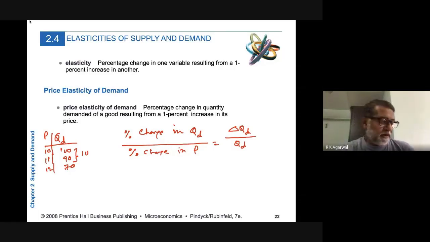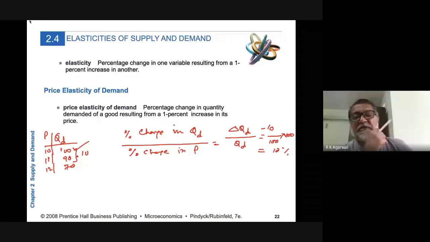So quantity demanded has changed by minus 10, divided by the original quantity, which was 100. And if you multiply it by 100, you get the percentage change in demand.